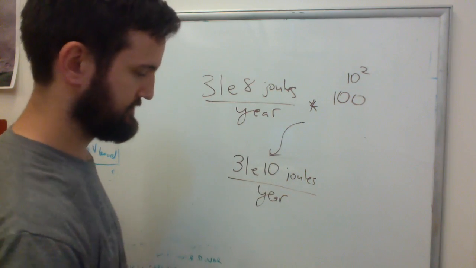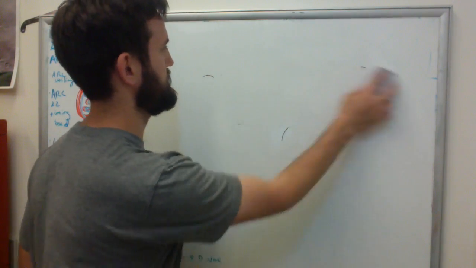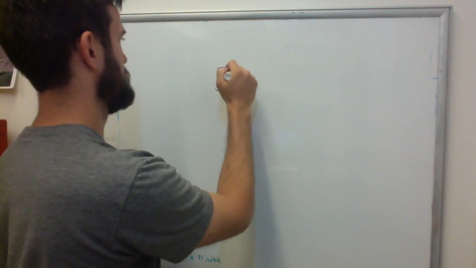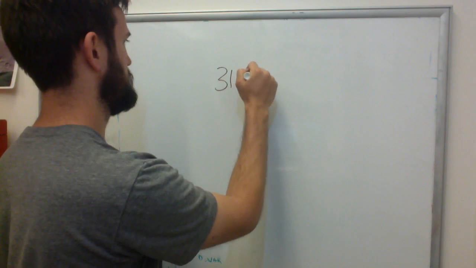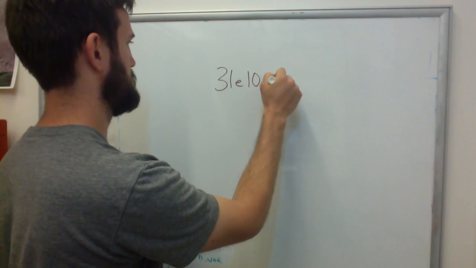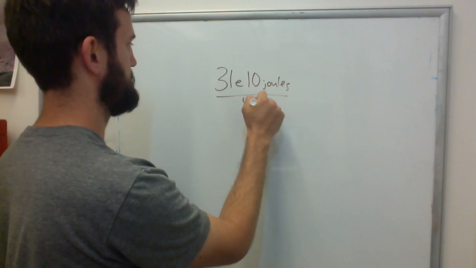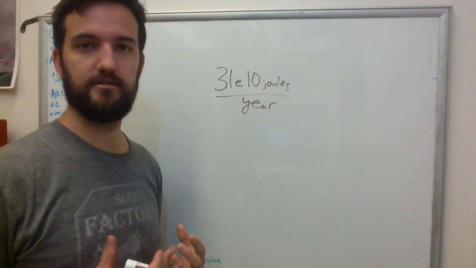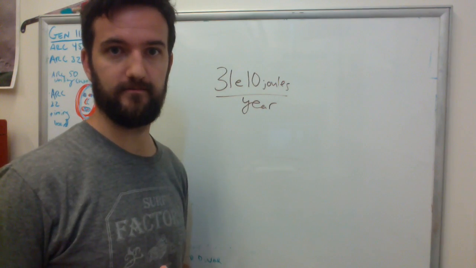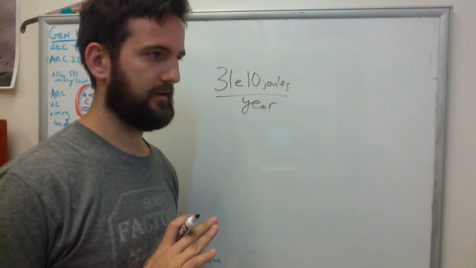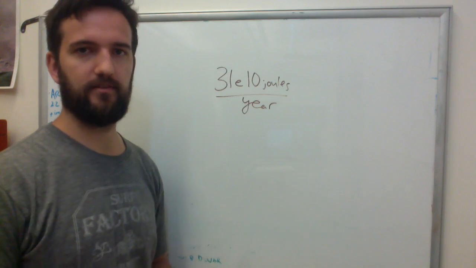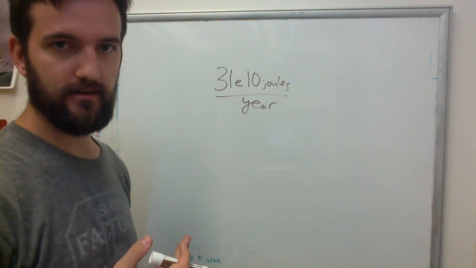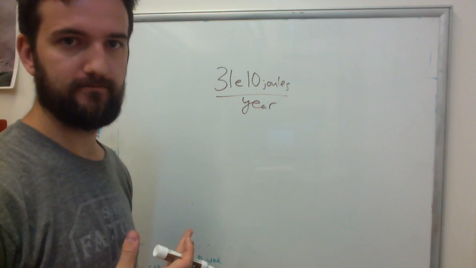And finally, we have 31e10 joules per year. The last question, what's the estimated energy output for civilization? The hint there is to estimate there's 1 billion households. 1 billion is 10 to the 9th power.